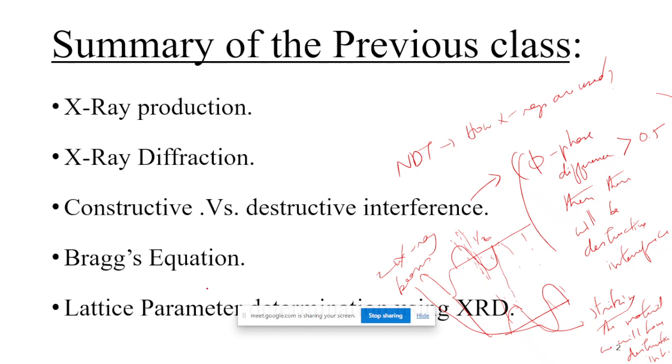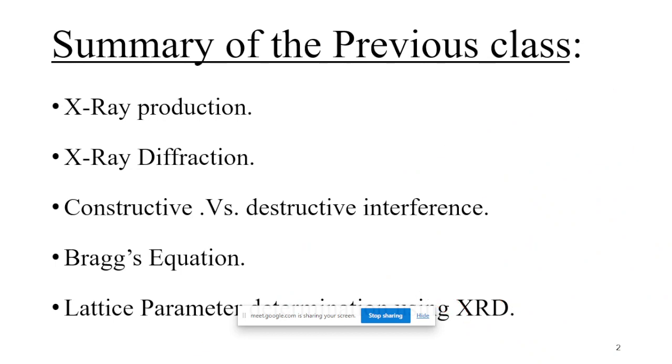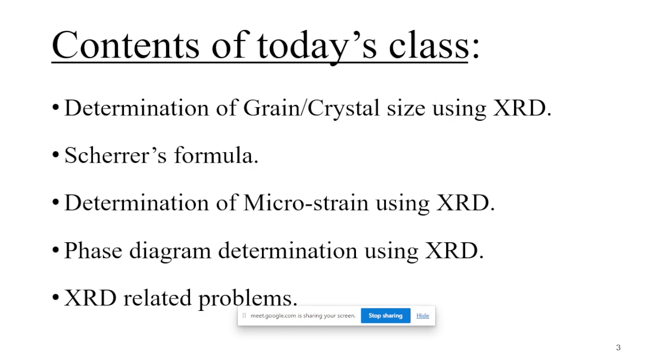Then we saw Bragg's equation, n lambda is equal to 2d sine theta, and then lattice parameter determination using XRD. Today's class contents: we will see Scherrer's formula. Mostly we will discuss the problems only.